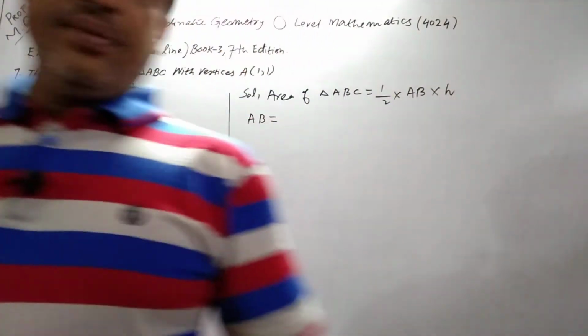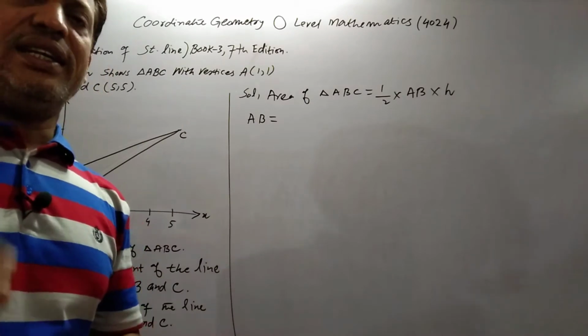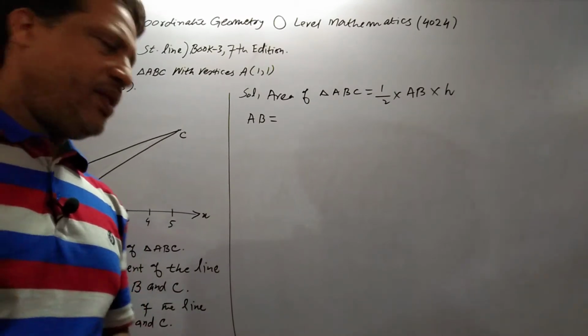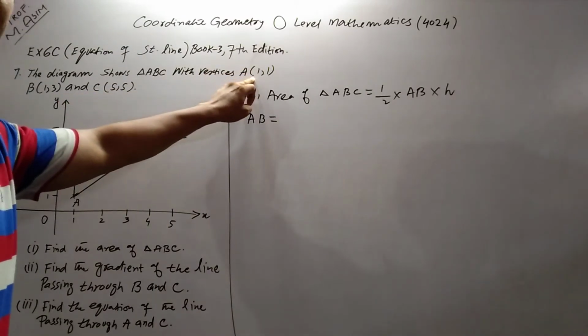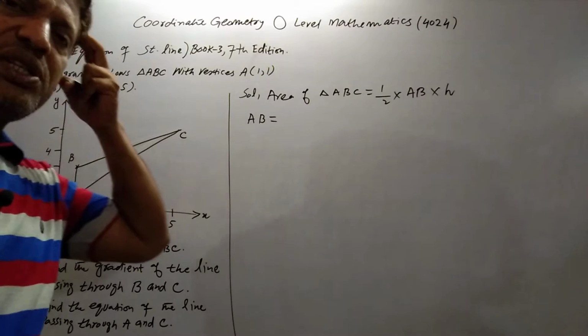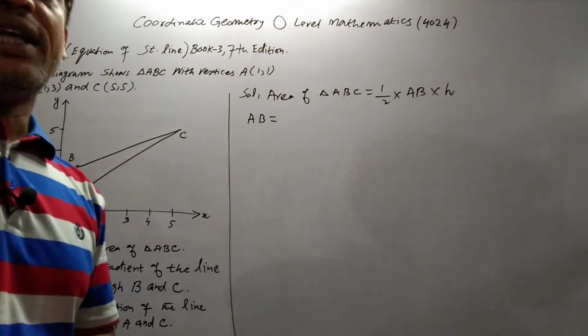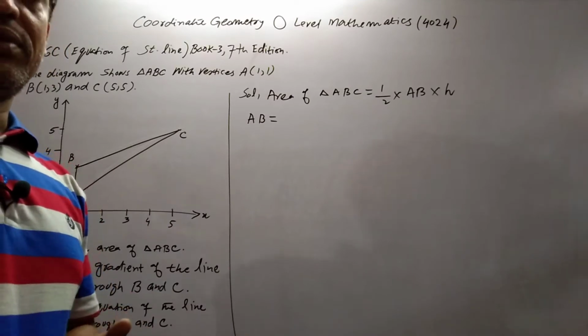See carefully, there are two ways to find the length of AB. First, take point A (1, 1), point B (1, 3) and apply the distance formula to get the length of AB. But there is another way, the shortest way.